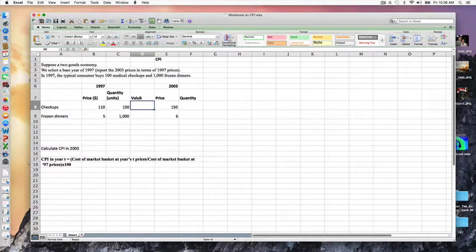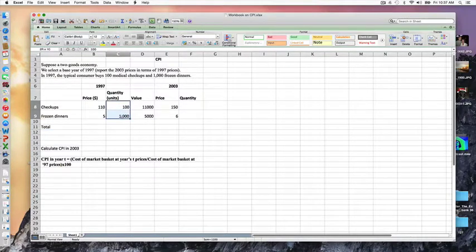Let's see, value. How much does it cost me per the whole year to buy checkups? It's going to be quantity times price. Price times quantity, and then I'm going to drag the formula down. And this is how much it costs me to buy all the dinners for the whole year. So now we are going to have a column, total value for the year.